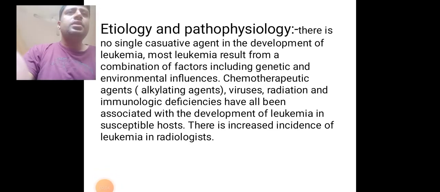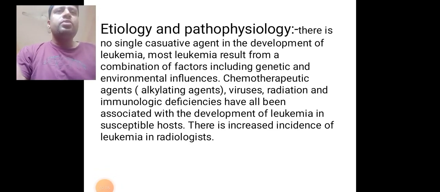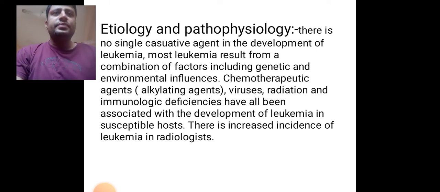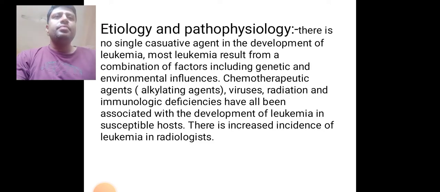Acute leukemia is characterized by the clonal proliferation of immature hematopoietic cells. Chronic leukemias involve mature forms of the WBC and the disease onset is more gradual.